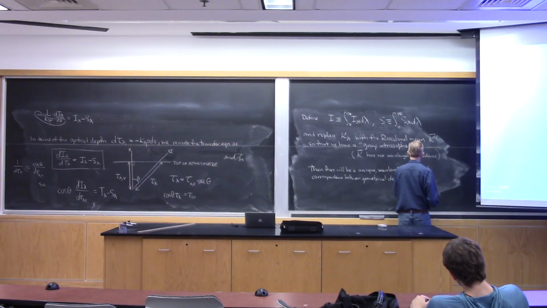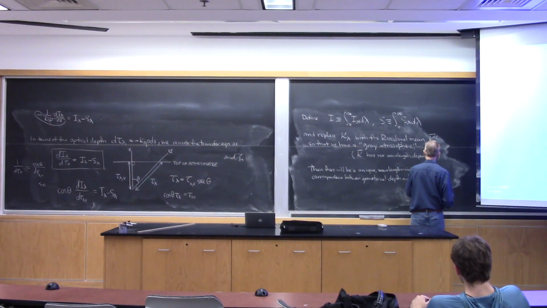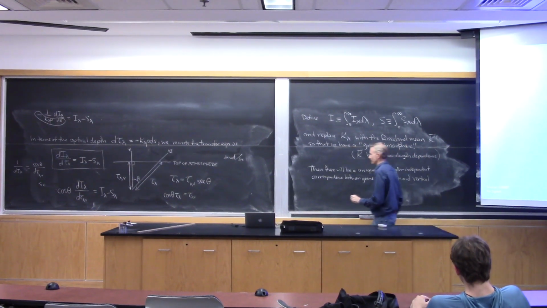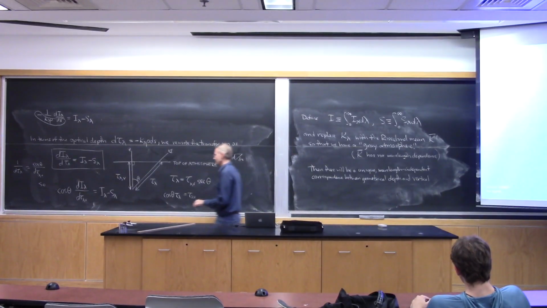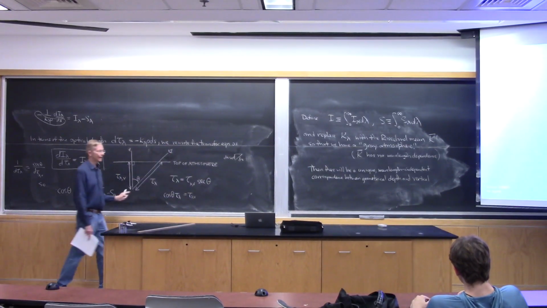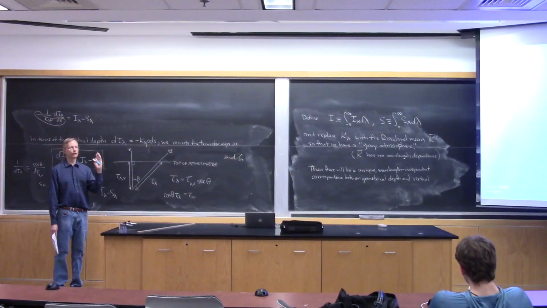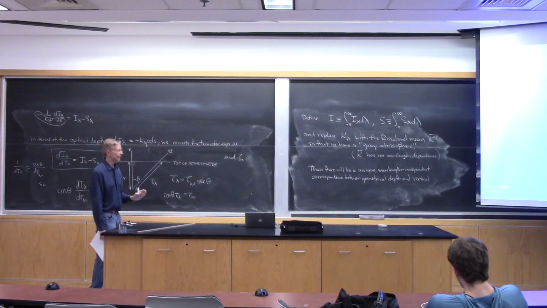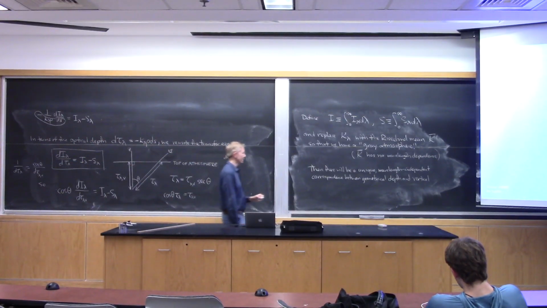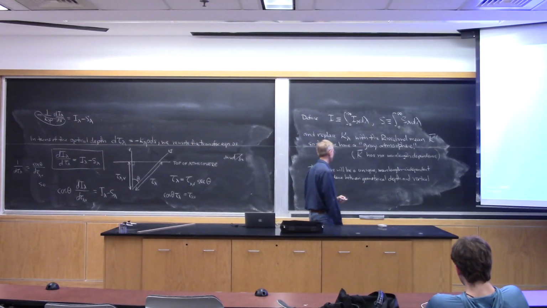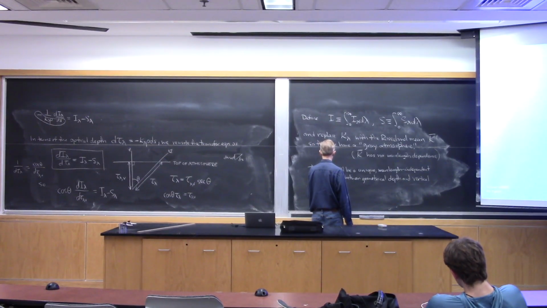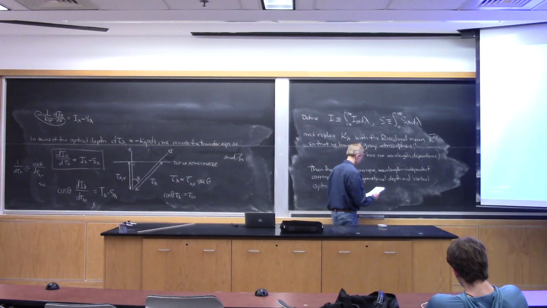And we have to say vertical optical depth because the optical depth depends on the angle theta, whereas vertical optical depth, it's understood, is the looking straight down, theta equals 0, optical depth. So there would be a unique correspondence between geometrical depth and vertical optical depth. That's to simplify things.